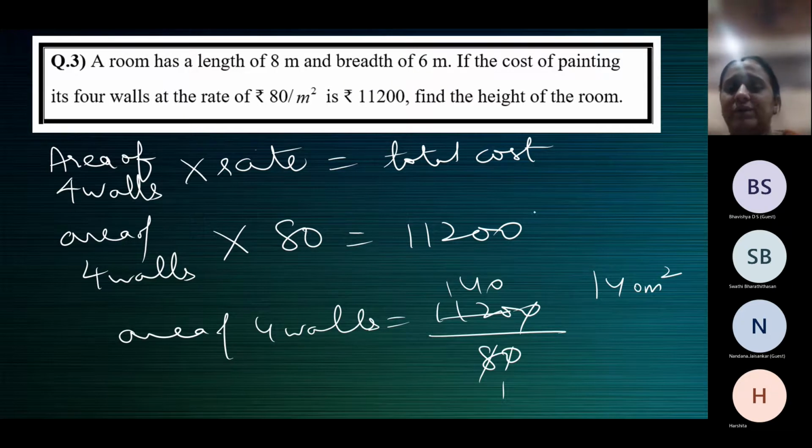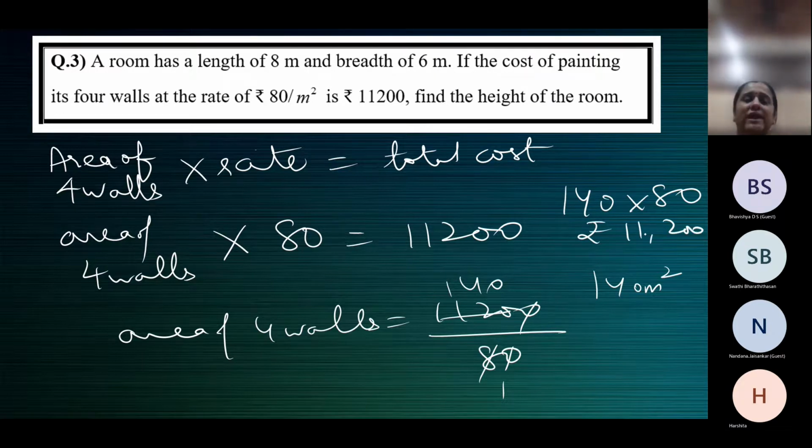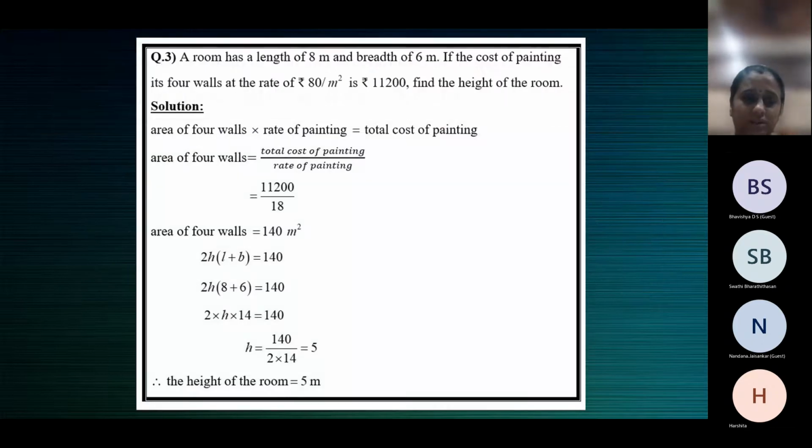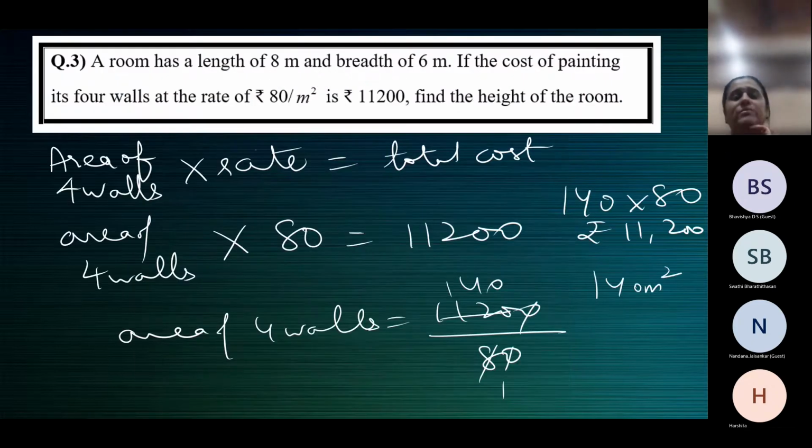So that 140 meters square into 80 rupees will be the total cost of 11,200. So remember, the area of 4 walls or whatever area is painted will be the total cost by rate. Okay. Remember this. It's very simple.